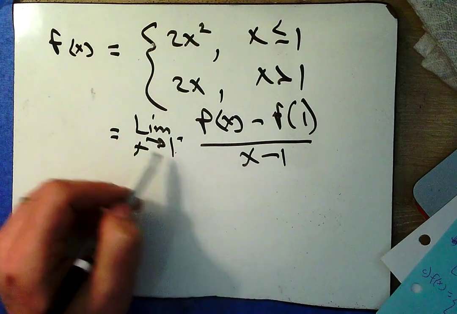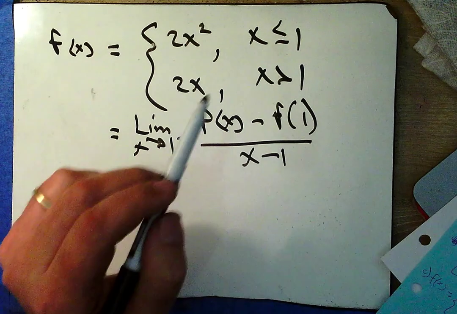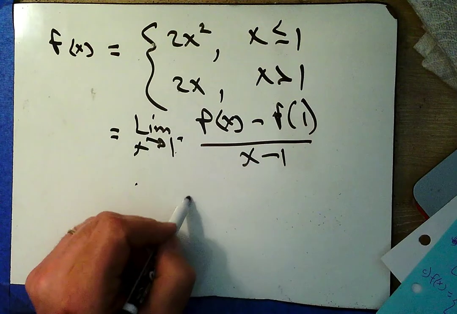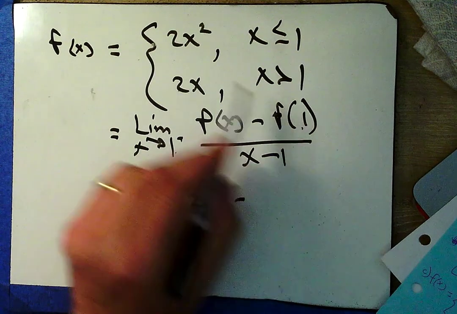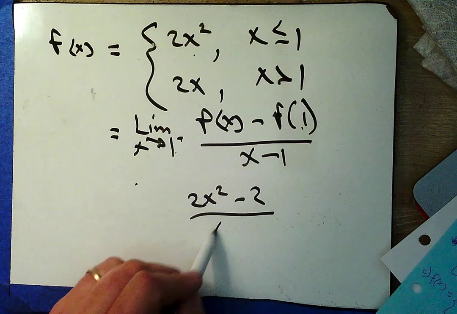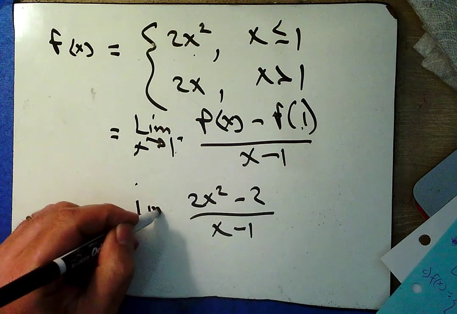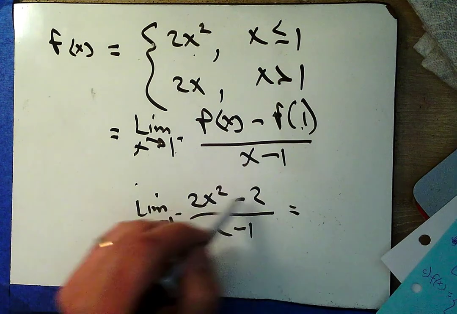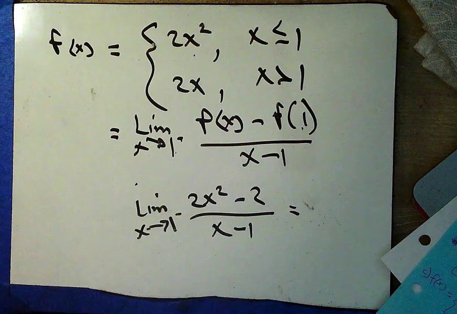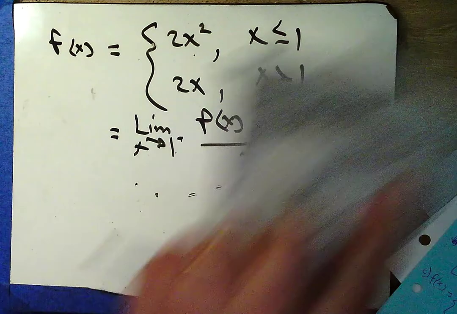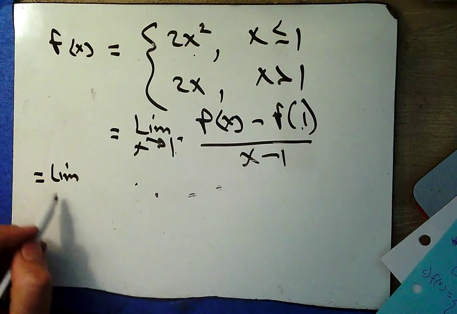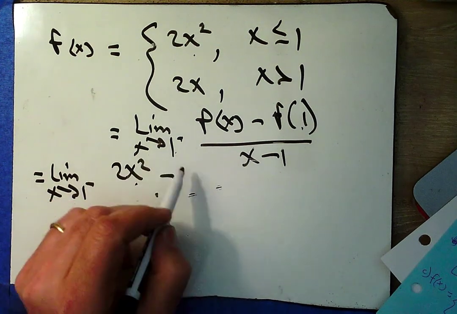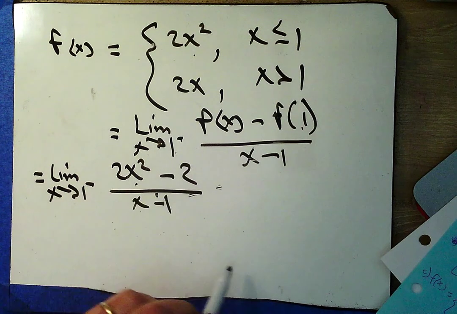As x approaches 1 from the negative side, that means values that are less than 1. This is my f of x. So I'm going to have 2x squared minus, what's f of 1? That's going to be 2, over x minus 1. So the limit as x approaches 1 from the negative of 2x squared minus 2 over x minus 1.